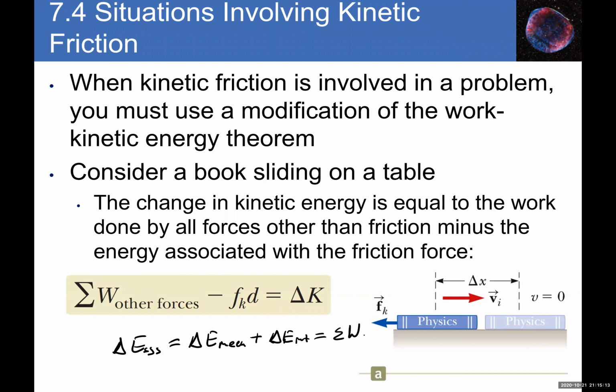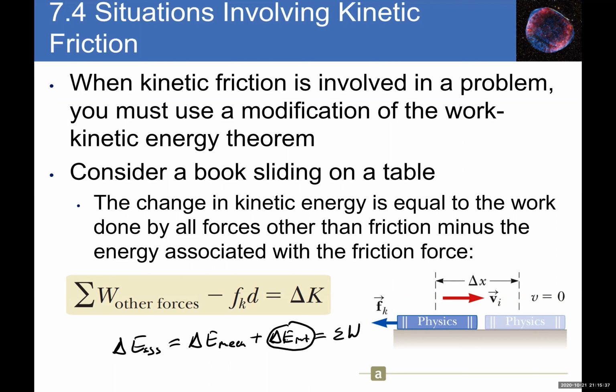Now, one thing we have here is this. The change in internal energy is actually due directly to friction, because internal energy means that when there's kinetic friction involved, some of the mechanical energy can be converted into internal energy. That's why an object sliding on a rough surface slows down and stops.